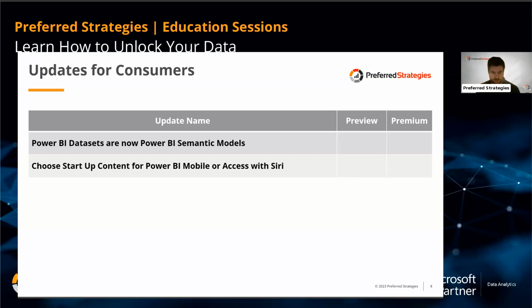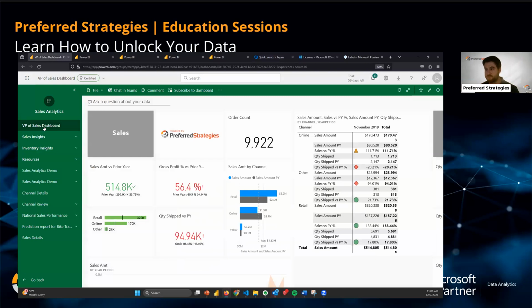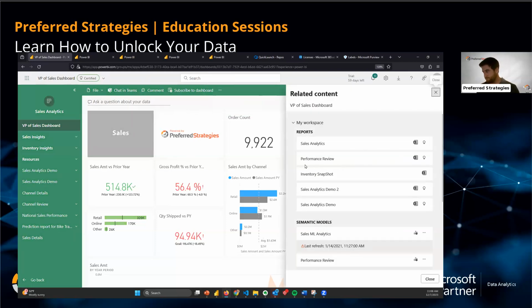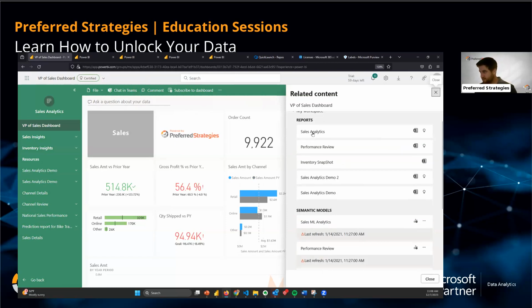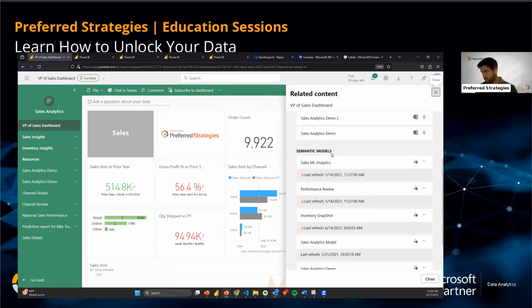Okay, so to show you this, I'll come out to the Power BI service. From here, as a consumer, many of you know that you're mostly going to consume your information from an app, right? So this is an app here for the VP of sales. If I come in here and choose this related option, you'll notice that I can see all the reports that are used to build this dashboard, as well as what's now known as a semantic model.